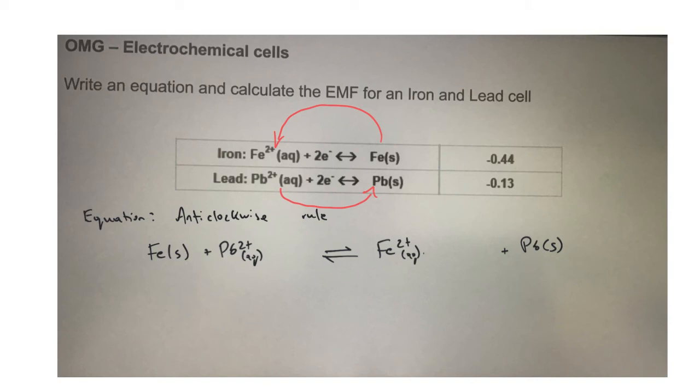The next thing I want to be able to do is calculate the EMF. Well, to do this, I'm going to take the electrode potential of oxidation away from the electrode potential of reduction.